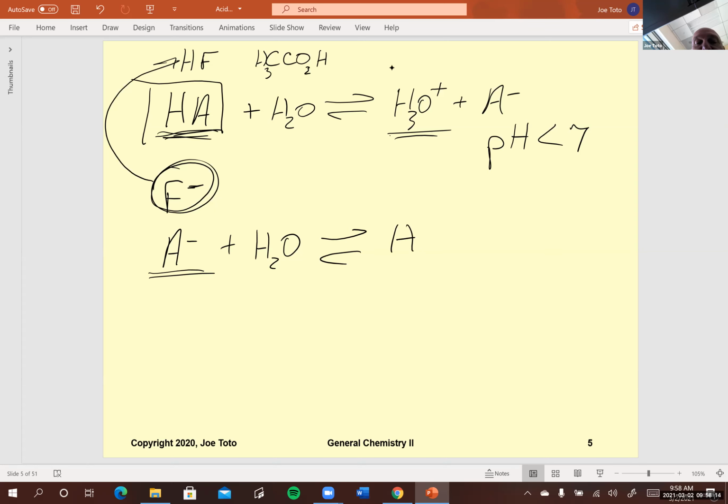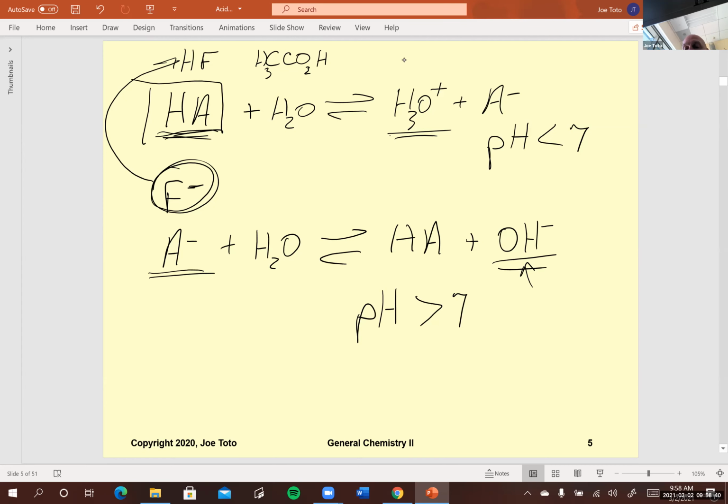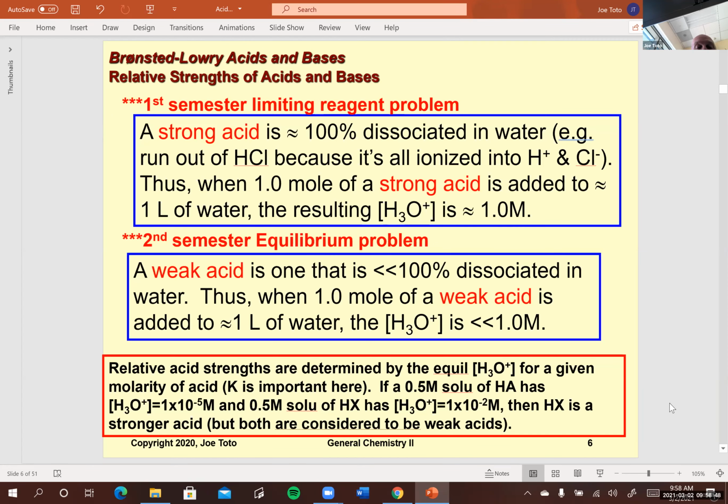So when I accept a proton, I form HA, and as a result, I have hydroxide. And so I would guess, like you said, that the pH would be greater than 7 because I'm producing some hydroxide, so the pH is going to go up. So this conjugate acid-base formalism is important because it helps you not only get a handle on acids, but also bases and their conjugates.